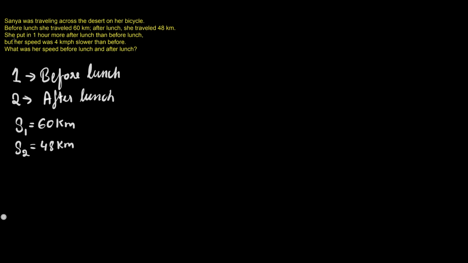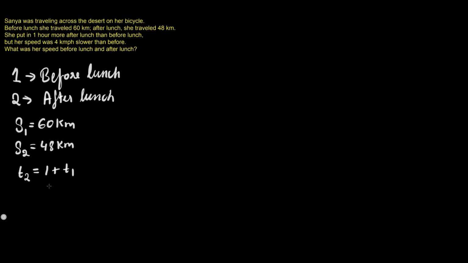Good. She spent 1 hour more after lunch than before lunch. So what is it saying? To get T2, you need to add 1 more hour to the time before lunch, right?